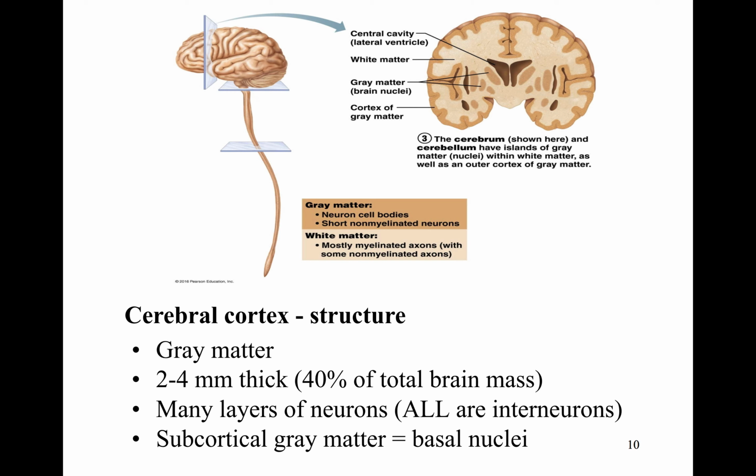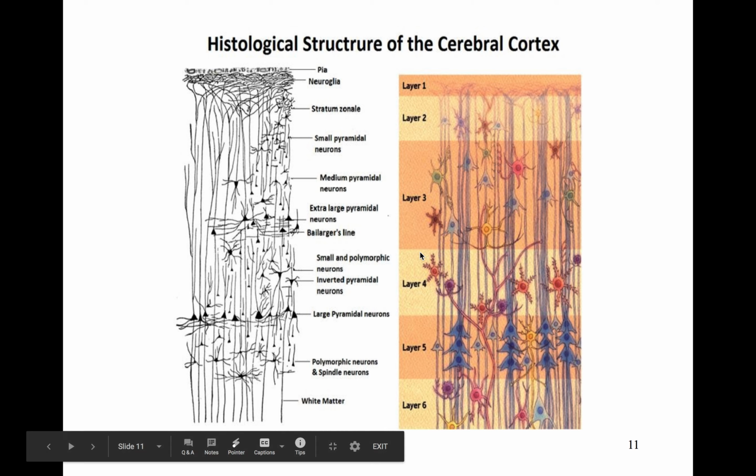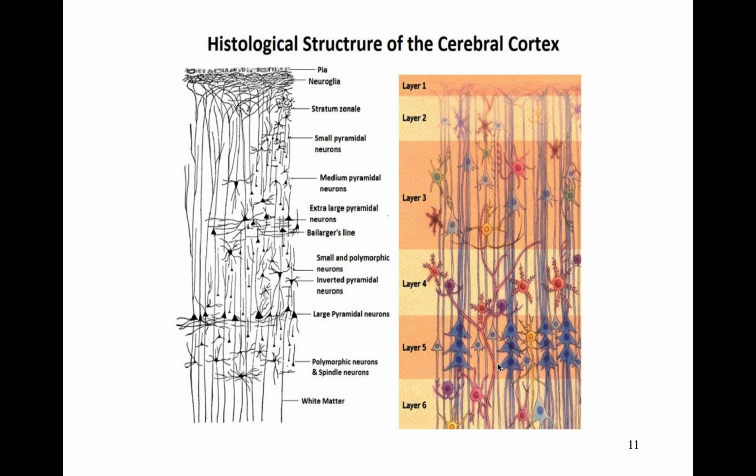Interneurons exist exclusively in the central nervous system, and they communicate between our sensory neurons and our motor neurons. We can see that we have 6 layers of neurons in our cerebral cortex, and all of these neurons are interneurons.